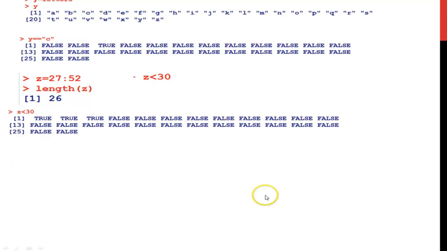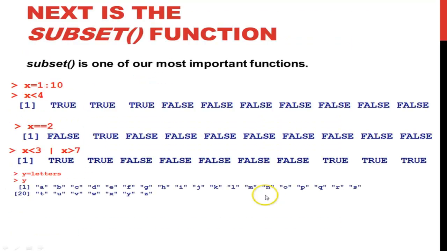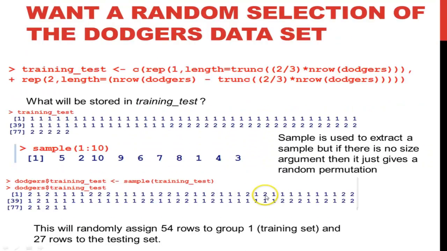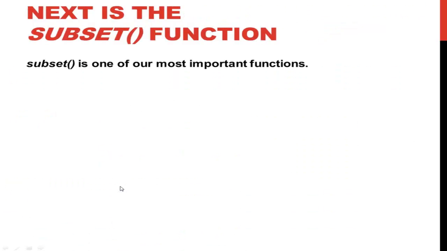Going back to here, I know this is a little bit tedious, but it's good. This is going to be true, this is going to be true, this is going to be true, this is going to be true, this is going to be false, false, false, true, right? Understand? So we're going to have a vector that has some true and some false. And we're going to put that into the subset function.